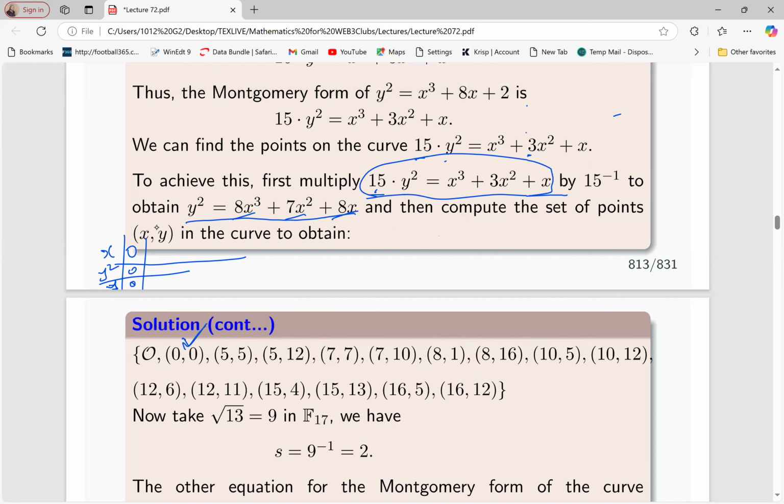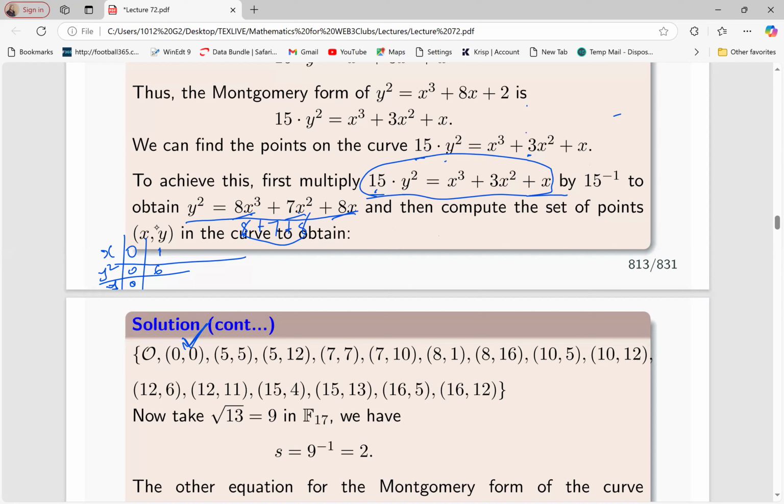You'll notice that when x is 1, this becomes 8 plus 7 plus 8, that is 16 negative 1 plus that, which is 6.